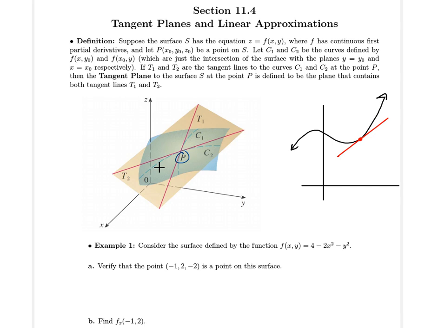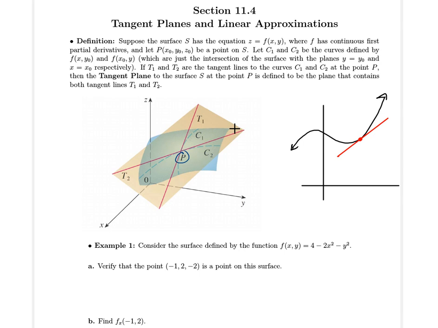So we learned that we can look at curves on a surface where one of the variables is constant. Okay, so the C1 and C2 that you see here are the places where we're setting x or setting y at a particular value. And then if we do that, then we're able to find tangent lines to those curves, so T1 and T2.